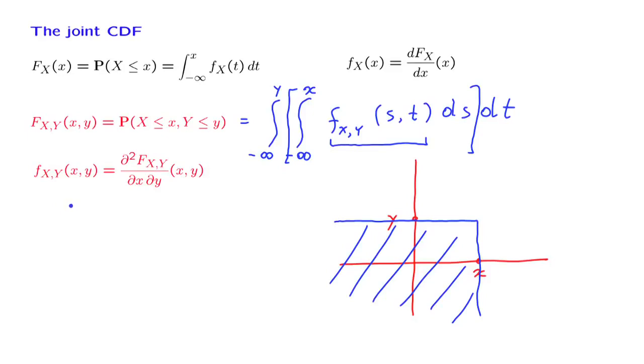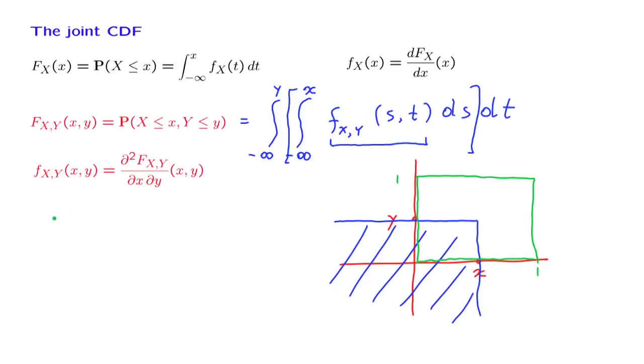Let us look at an example. Suppose that we have a uniform distribution on the unit square. So the PDF is equal to 1 on this green square and is equal to 0 otherwise.